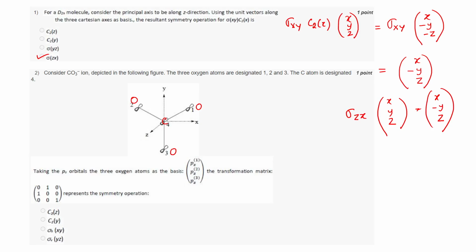Now they are saying taking pz axis for the oxygen atoms, the basis set becomes pz1, pz2, pz3. Only the pz axis, because your z axis is along this, and that's why they have given you the pz orbital only. So you have the idea of the orbitals, right?